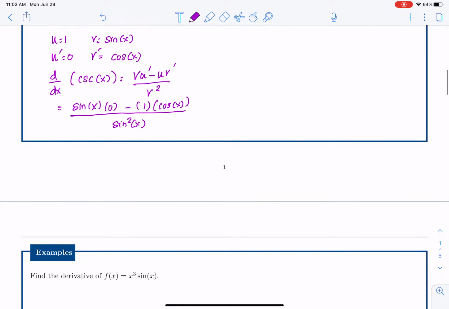Using the same technique that we did before, we could write this as negative cosine x over sine x times sine x.